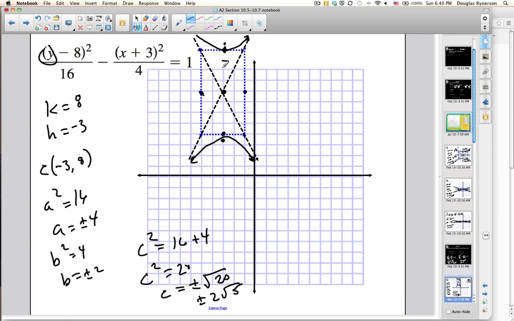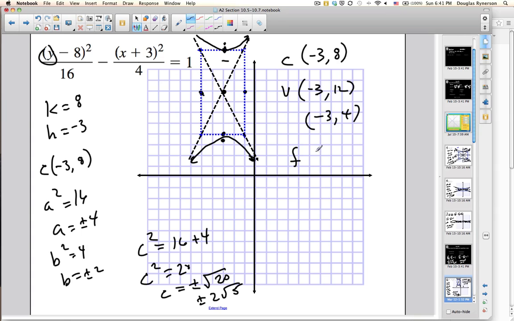So when you look at identifying these specific points, I know that my center was at negative 3, 8. I know that my vertices didn't change in the x-axis, but they went up 4 and down 4.